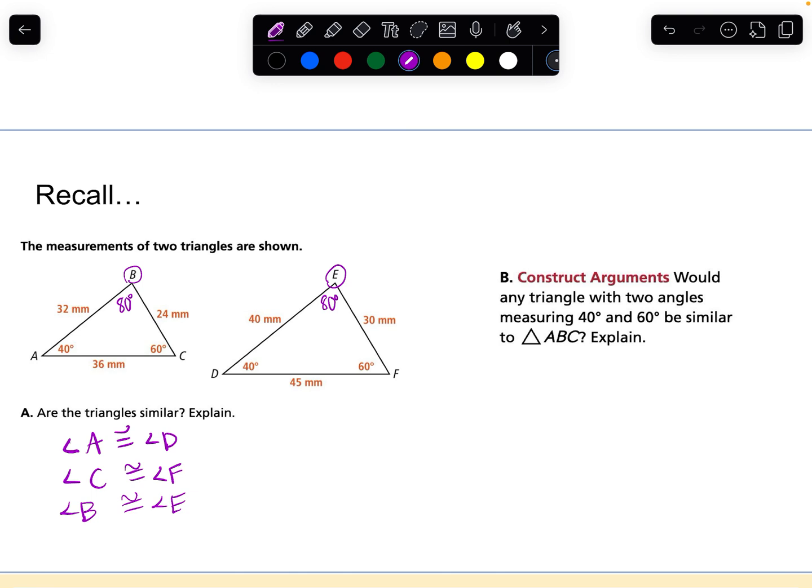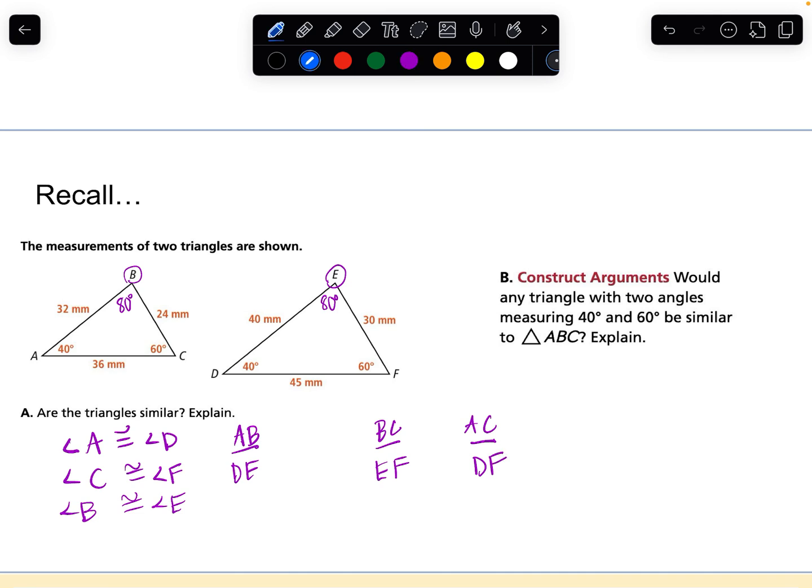And then if we look at the corresponding sides, we would do AB divided by DE. We would do BC divided by EF. And we would do AC divided by DF.